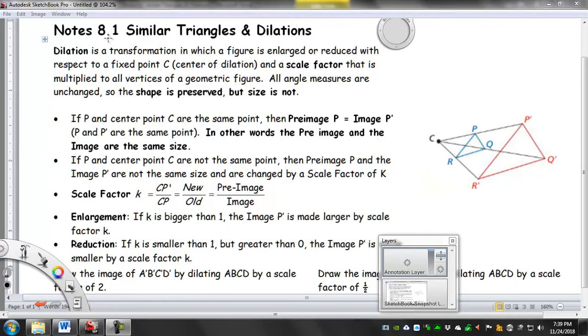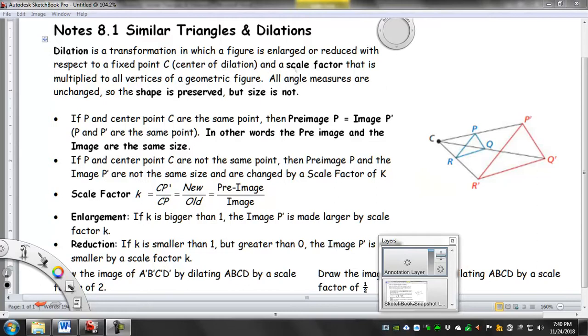We started on section 8.1 out of Secondary 2, and what it has to deal with is what we call similar triangles and dilations. And one thing that's important about this is that we're no longer going to have triangles or quadrilaterals that will end up being the same size.